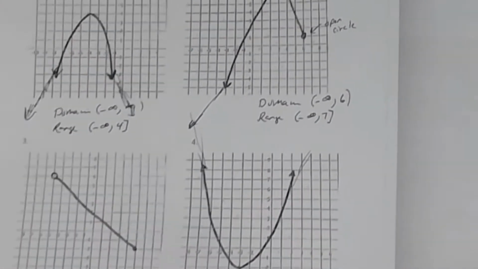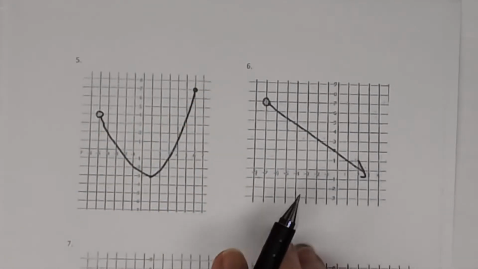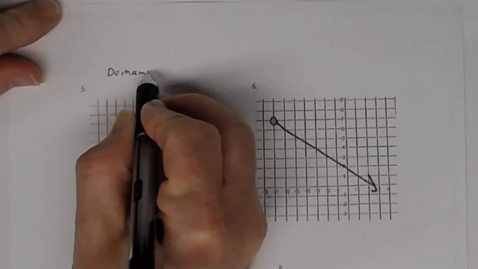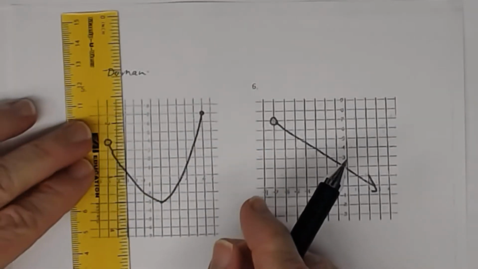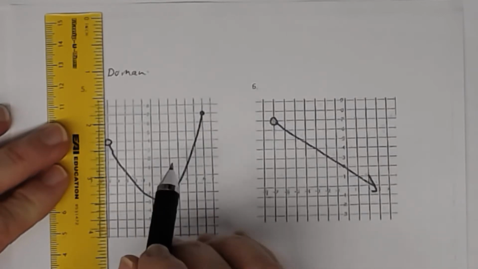All right, let's look at number 5. In number 5, you have this graph. You have an open circle and a closed circle. So let's talk about the domain. I'm going to put the domain up here. Remember, for the domain you go along the x-axis. So when I go along the x-axis, this is where I start the graph. There are no arrows here.